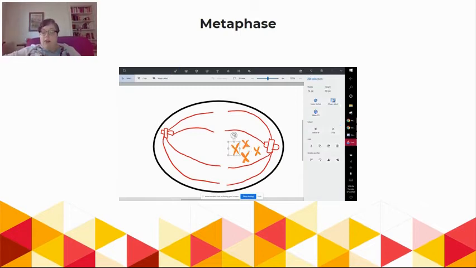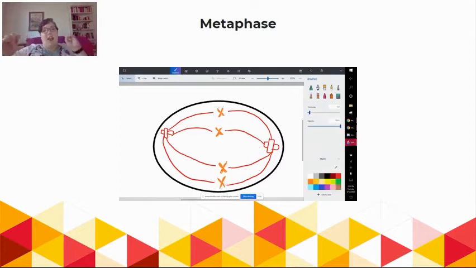And the centrosomes, those mitotic spindles that we're forming on either end of the cell, reach out those fibers to each of the chromosomes. And one fiber is going to attach at each side to the spot where the 2 chromatids meet, called the kinetochore.